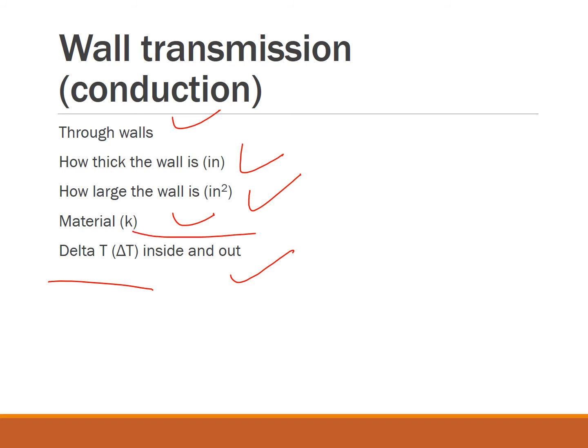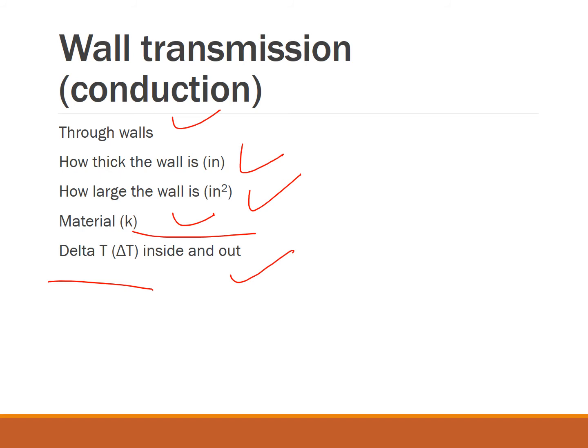The K factor is the thermal conductivity of the material, and how thick the wall is, and the area. I will try to summarize that again to make it not as complicated, but I would like to explain a little bit. We know the thickness of the wall. We know how large the wall is, that surface area, in square feet, and we know the temperature inside and outside. That's something you can measure.